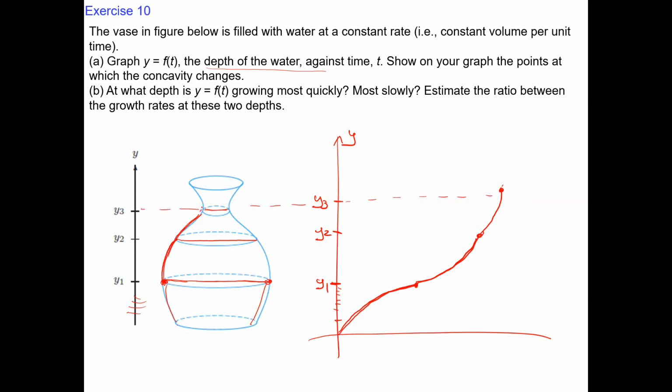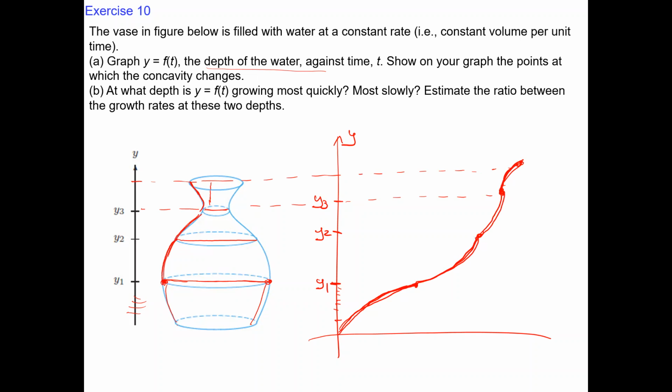From now on, again, the increase in height will be slower, because the vase is getting wider. Then I have to draw concave down. So: concave down, up, even more up, and down. Okay, we have the graph.